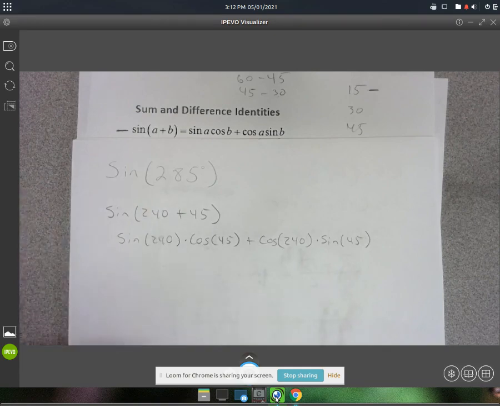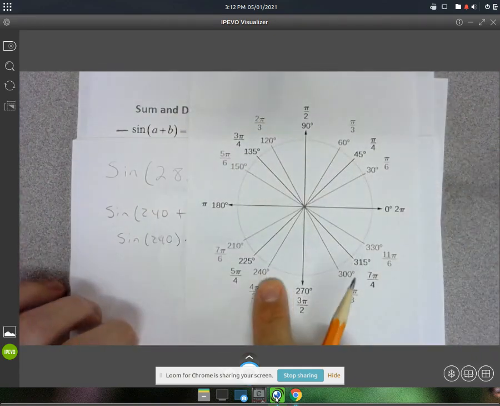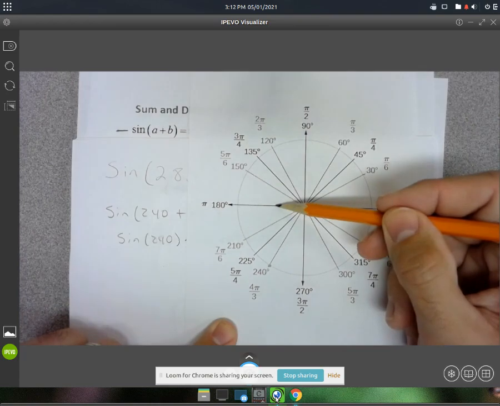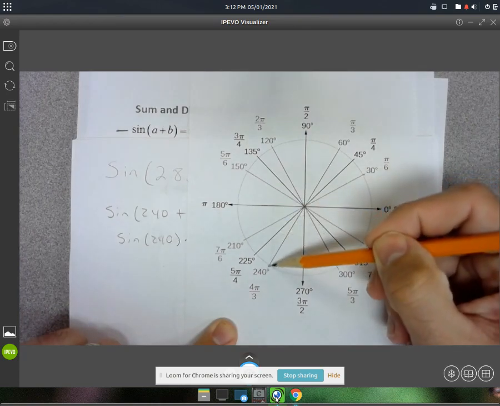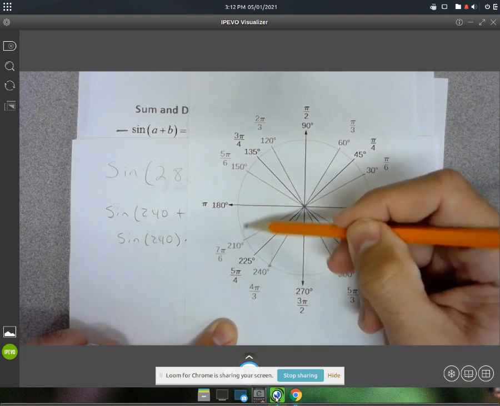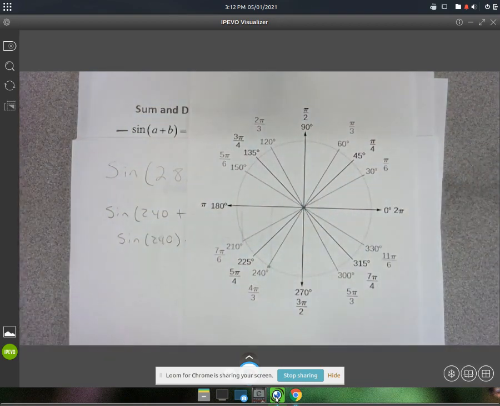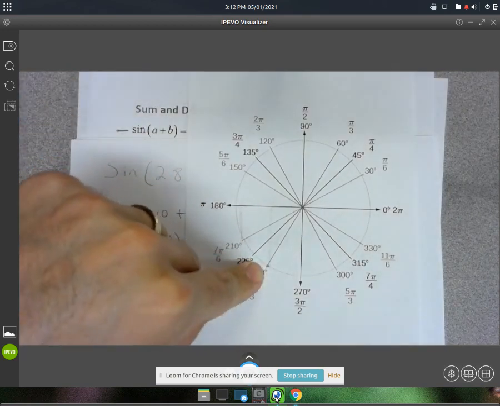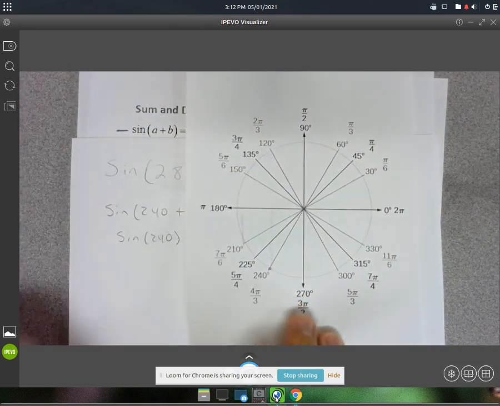All right, sine of 240. 240 is going to be the y value at this point. It's going to be negative because we're in quadrant 3 here. It's the y value, so it's the further down one. Sine right here would have been my 30-degree angle, and this one's like my 60-degree angle, so it's going to be root 3 over 2 for the sine of 240.